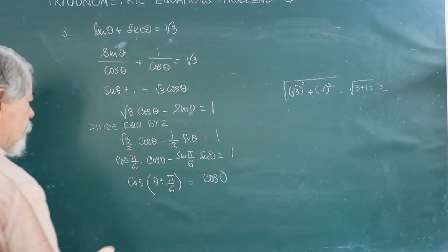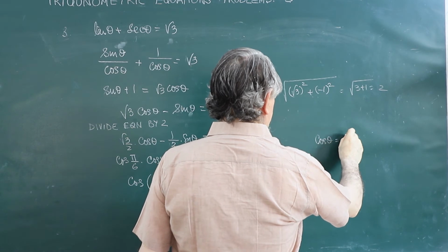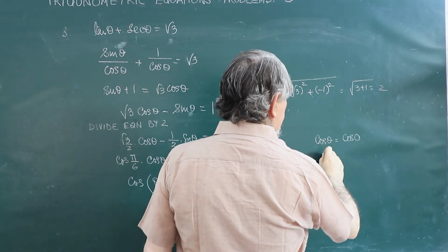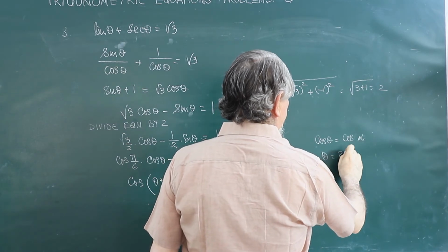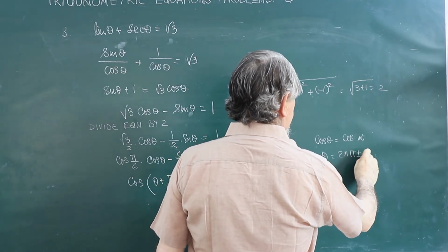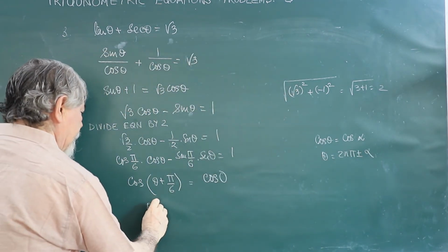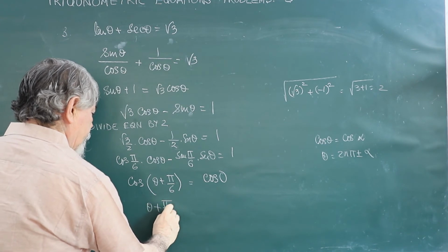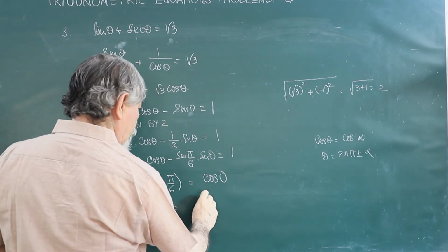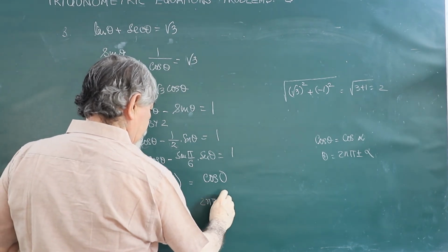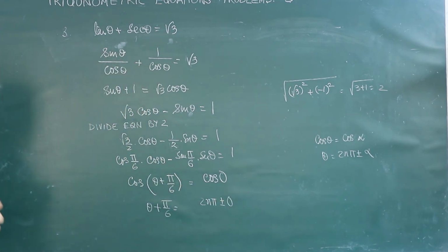Right. So when cos theta is equal to cos alpha, theta is equal to 2n pi plus minus alpha. So here it will be theta plus pi upon 6 is equal to 2n pi plus minus alpha, which is 0 here.